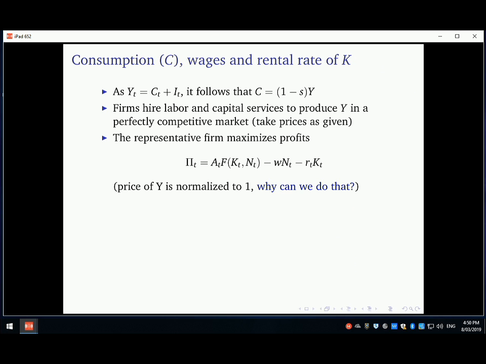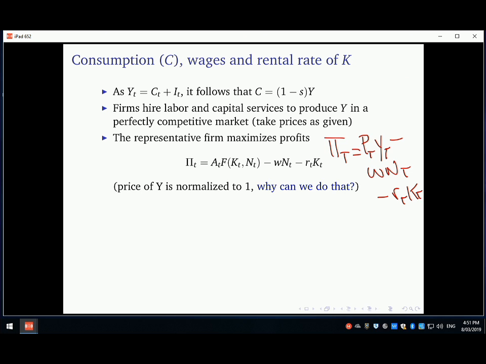The definition of profit is just P_t Y_t, where P_t is the price of the product that is produced, and Y_t is the amount of ice creams, minus what you need to pay to your inputs in order to produce: minus W_t N_t, the wage bill, minus the rental rate of capital times the amount of capital you rent. Those are your profits.